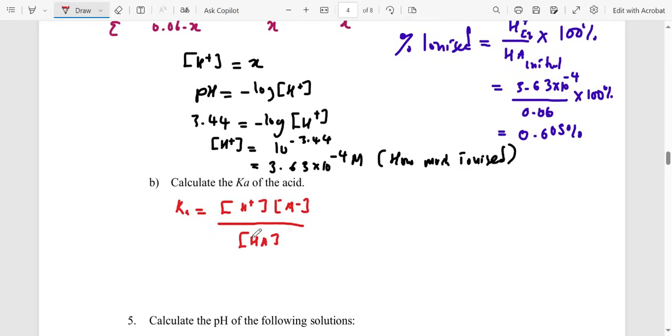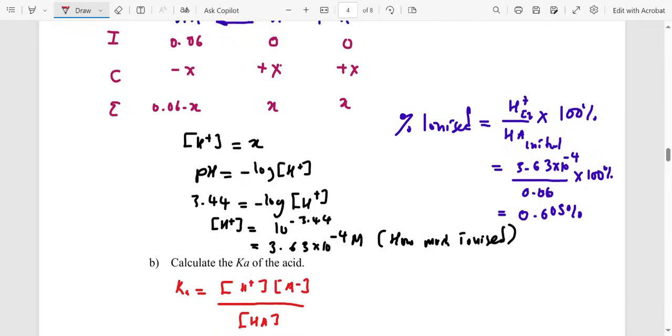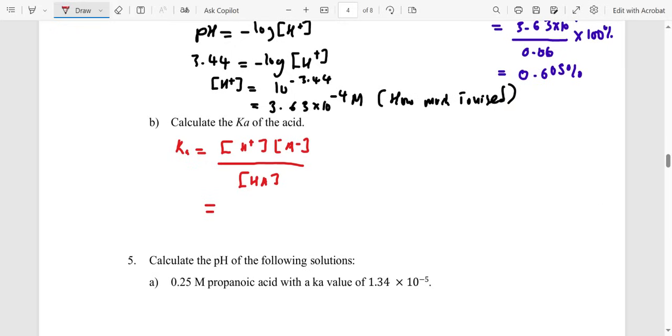Okay. Now, what was the concentration of H plus? The concentration of H plus and the concentration of A minus were both x. And we just calculated that x was 3.63 times 10 to the power negative 4.